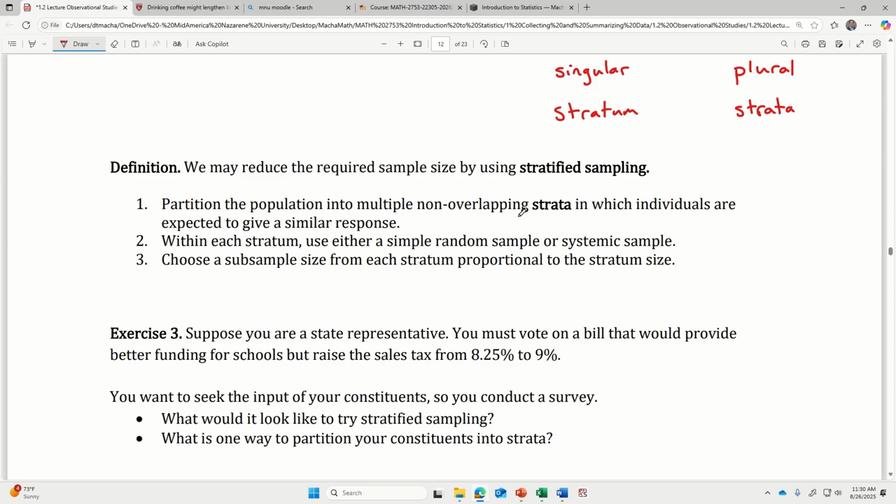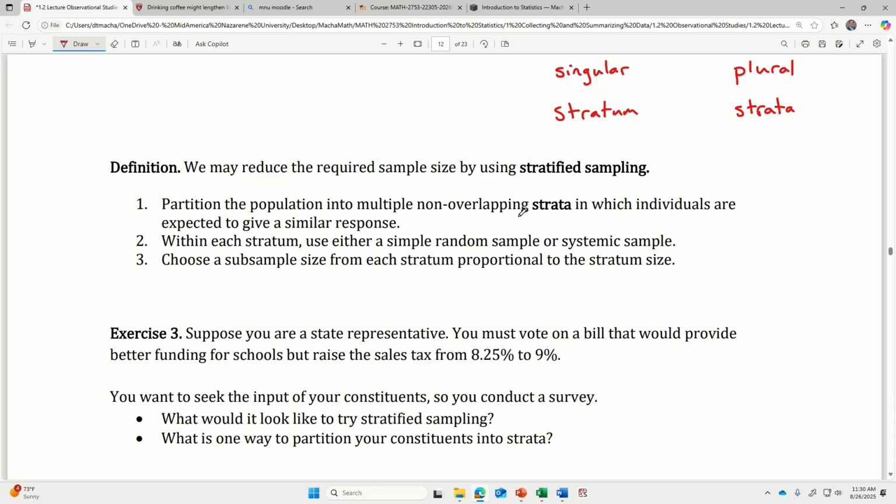And then over here, parent of K through 12 or not. Right, and now I've got 4 strata, and I can sort all of my constituents into one of those 4 groups. And I expect that those 4 groups are more likely to answer in a similar way than complete strangers would.